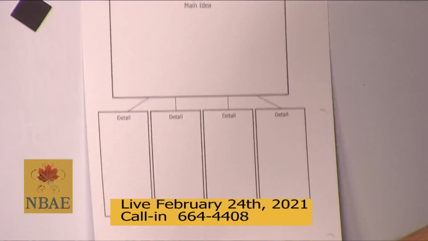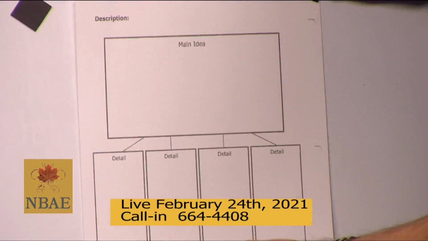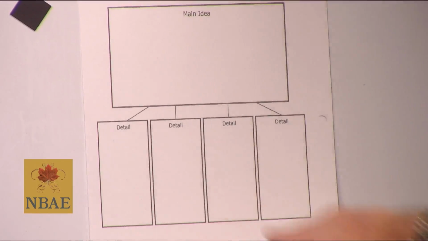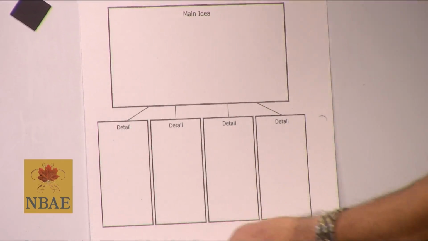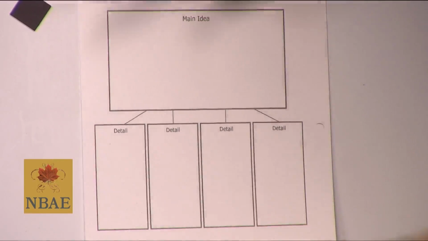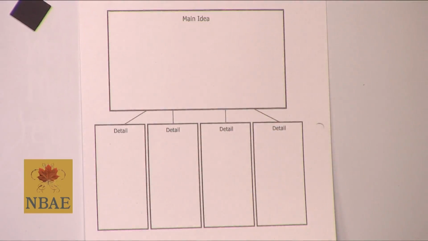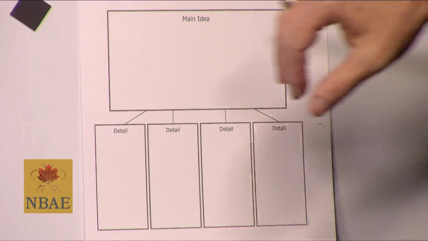form. So this one is a description, and it's basically taking the main idea that the author is giving you and putting that into the top box. And then in each of the lower boxes, you're providing a detail. So you're drafting your descriptive essay, or you're taking the description from the text and you're saying this is the main idea.